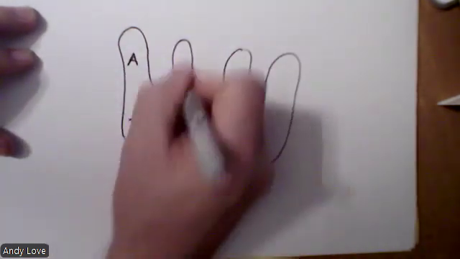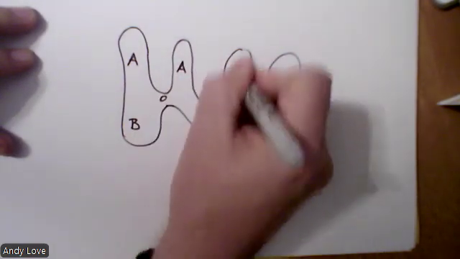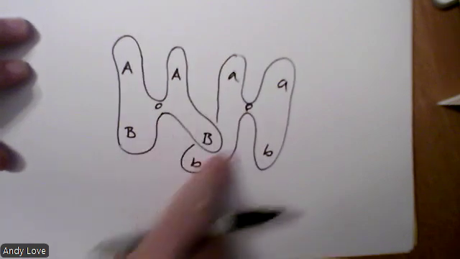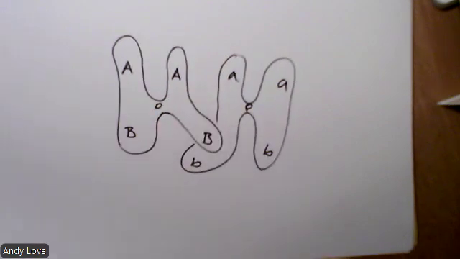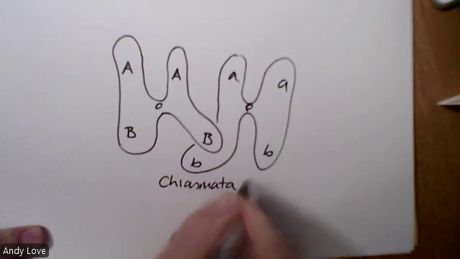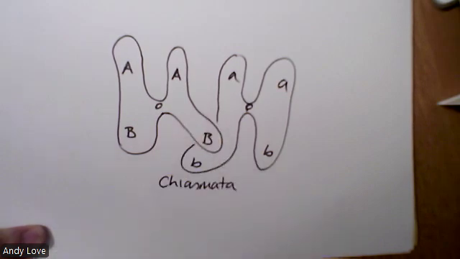So here's our A and B and our little a and b. Can you see? They've got so close to each other, they've entwined with each other. So there is the formation of a chiasmata. It's a structure where the overlapping of the chromatids occurs.